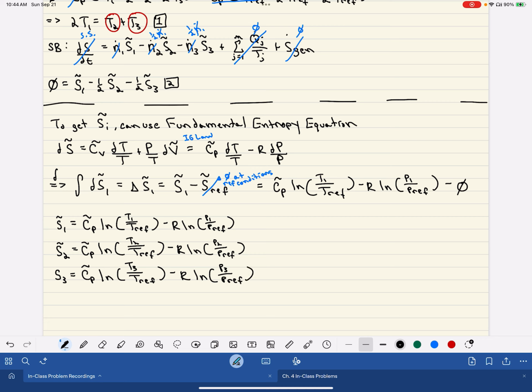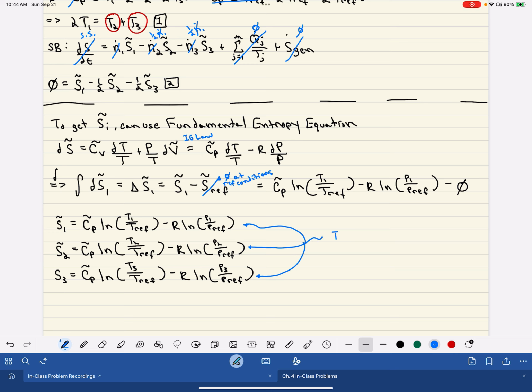Now, when we were talking about enthalpies earlier, I mentioned that in the enthalpy formulas we derived, there's no pressure term, right? So the enthalpies for an ideal gas were unaffected by pressure. But here, when we look at the entropies, we see there's an explicit pressure term in there.